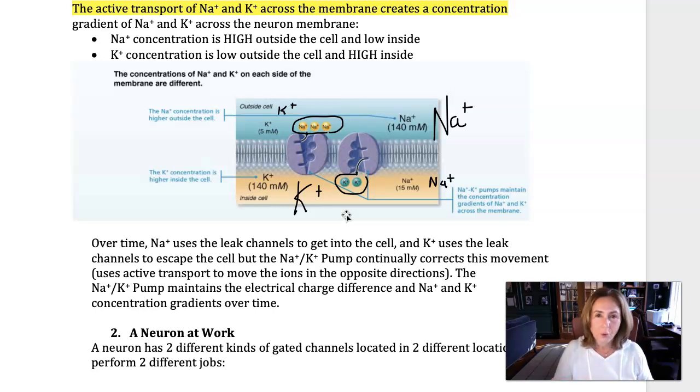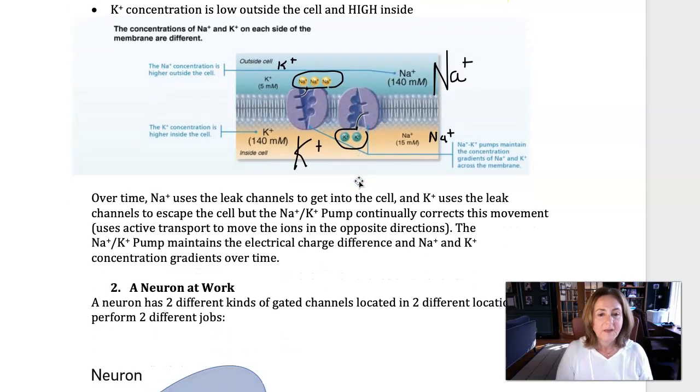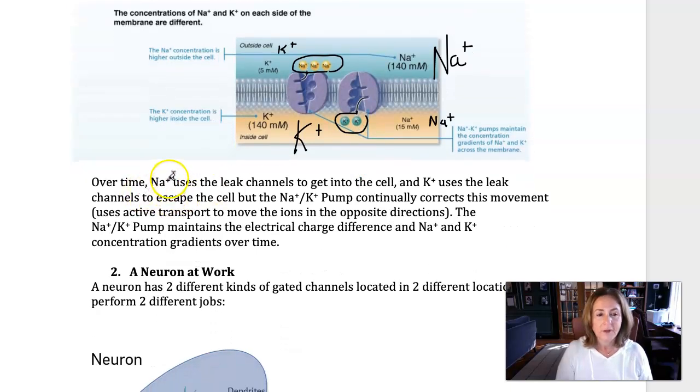So do you see how that works? Across the whole neuron, sodium will continually leak in, and potassium will continually leak out. And the sodium-potassium pump will continually correct these movements by ejecting sodium from the cell and bringing potassium back in. And so over time, the sodium will use the leak channels to get into the cell.